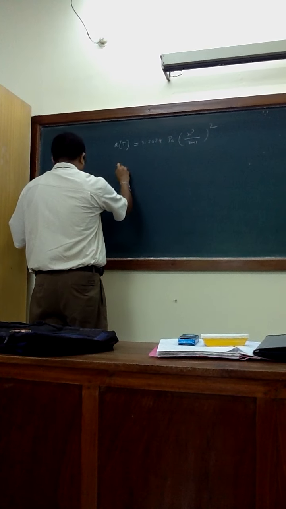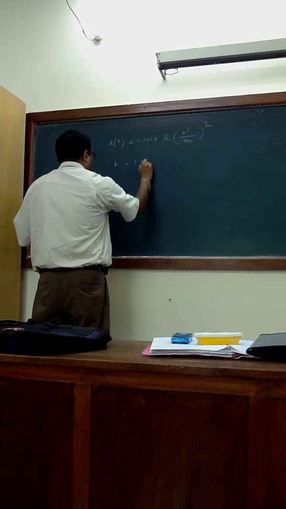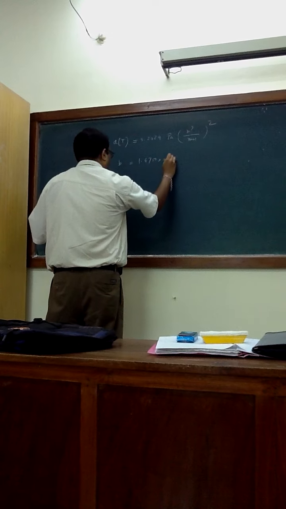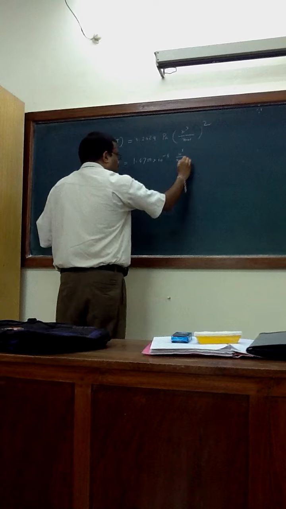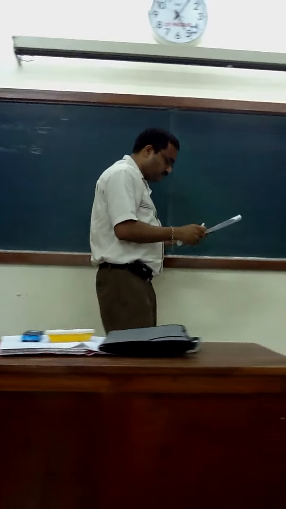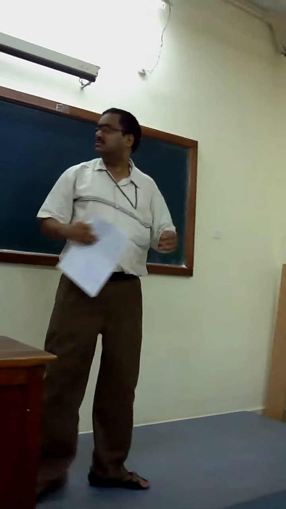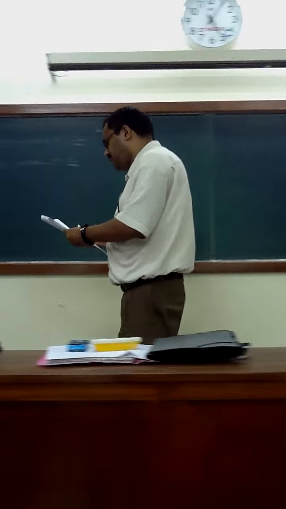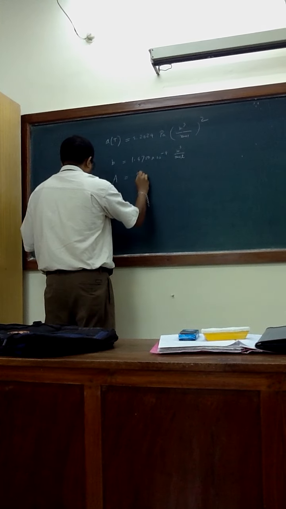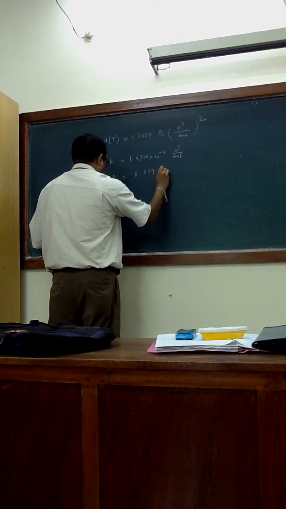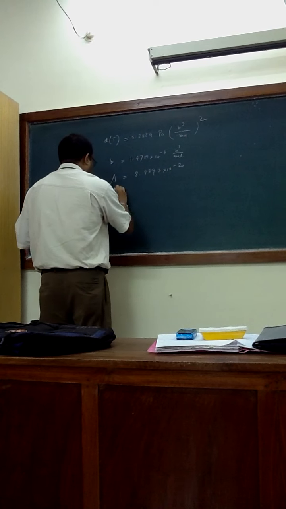We have P, which is 1.4750 10 to the power minus 4 meter cube per mole. We have capital A, which is 8.8398 10 to the power minus 2.